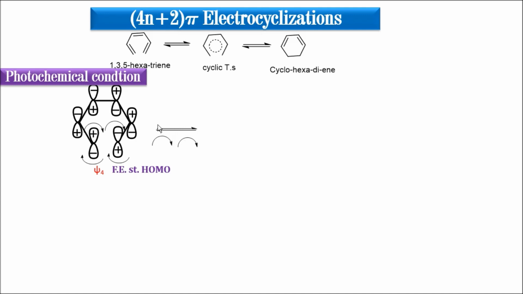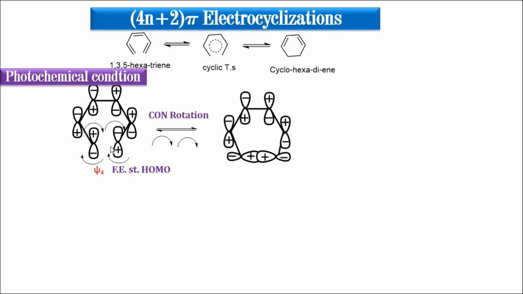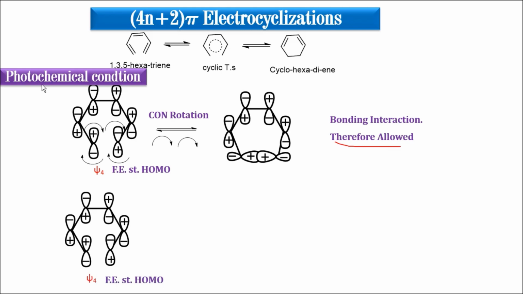Clockwise rotation of both is called Con mode of rotation. After the rotation, you see plus lobe is overlapped with plus lobe. This is called bonding interaction. The bonding interaction is allowed. That means Con mode of rotation is allowed under which condition?